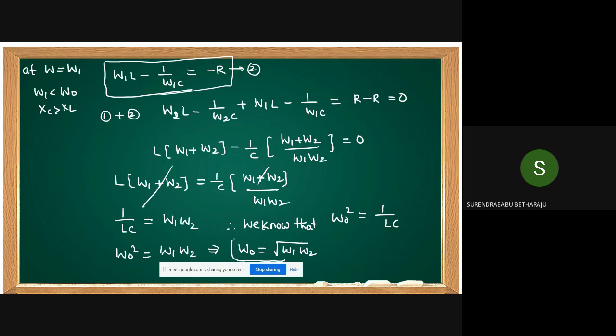Which one, sir? The resonating frequency. Or you can also write this one: F naught equal to square root of F1 into F2. That is also correct. Just substitute 2 pi F1, 2 pi F2. Then 2 pi you can bring outside, 2 pi will cancel, and we can get F naught. Therefore, the resonating frequency is the geometric mean of the cutoff frequencies. Very, very important 5-star relation.